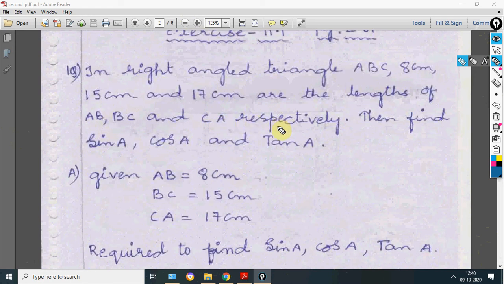AB length is 8 centimeter, BC length is 15 centimeter, CA equals 17. Then find sin A, cos A and tan A.